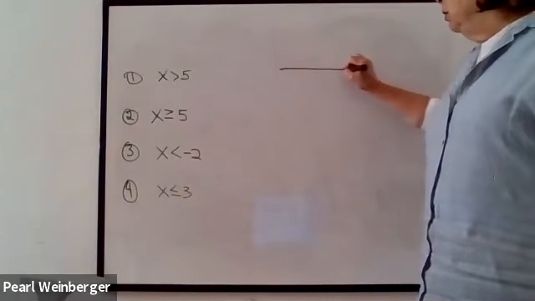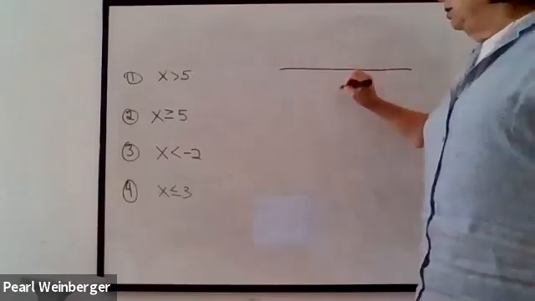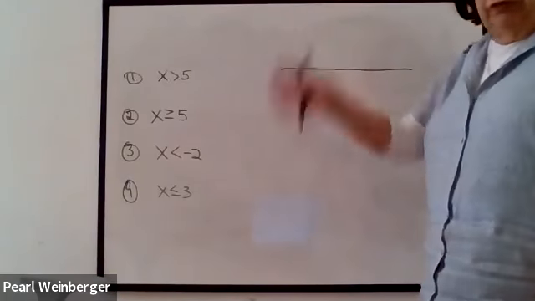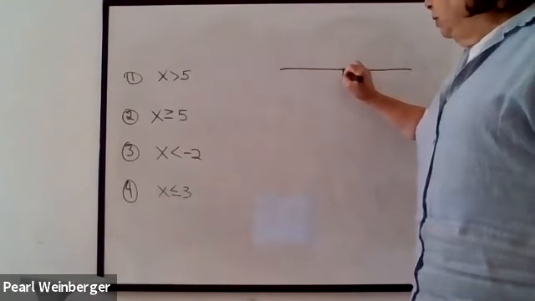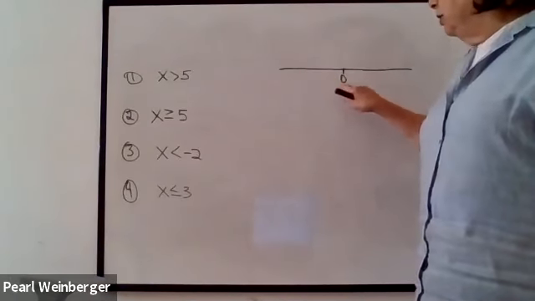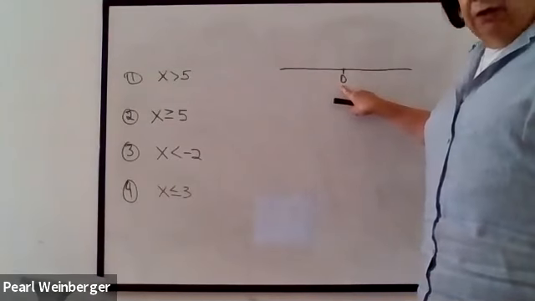Now, what does a number line look like? It's a horizontal line, though you could have a number line that's vertical as well, but usually when we're dealing with these type of number lines, we have a line that goes straight across. We pick one value to be the 0.